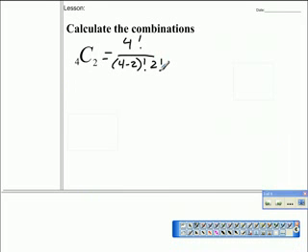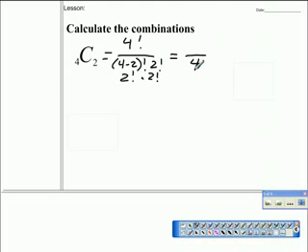On the bottom, 4 minus 2 is 2 factorial, which is 2 times 1, which is 2. So 2 times 2, and I'm left with simply 4 on the bottom.